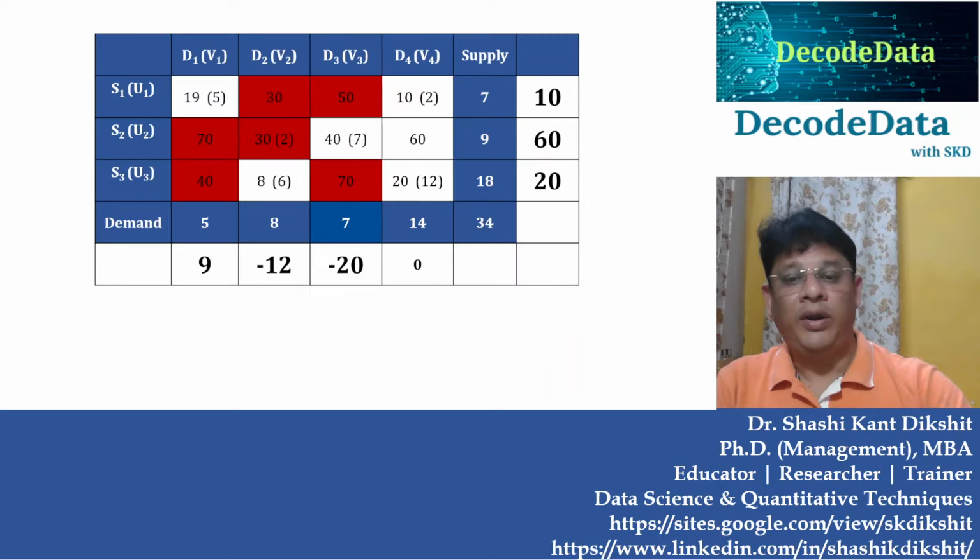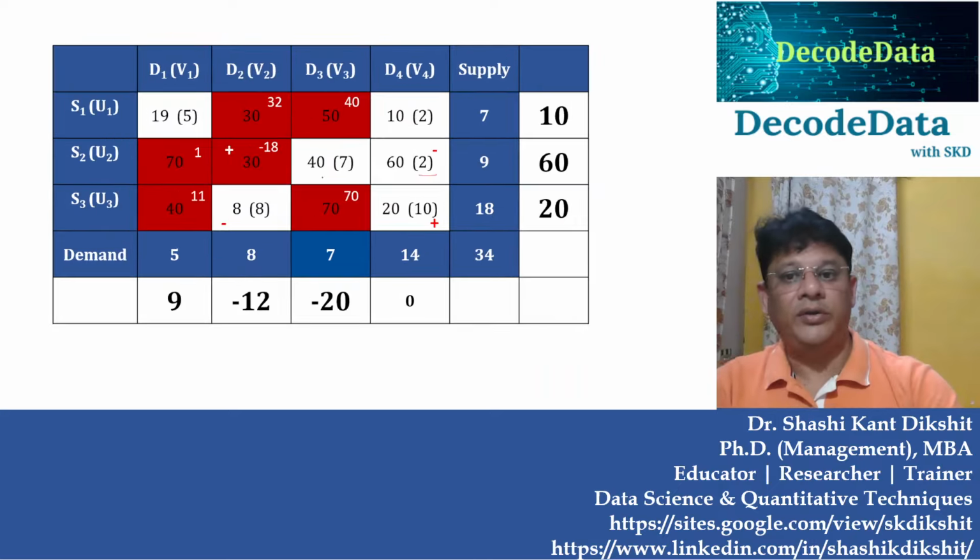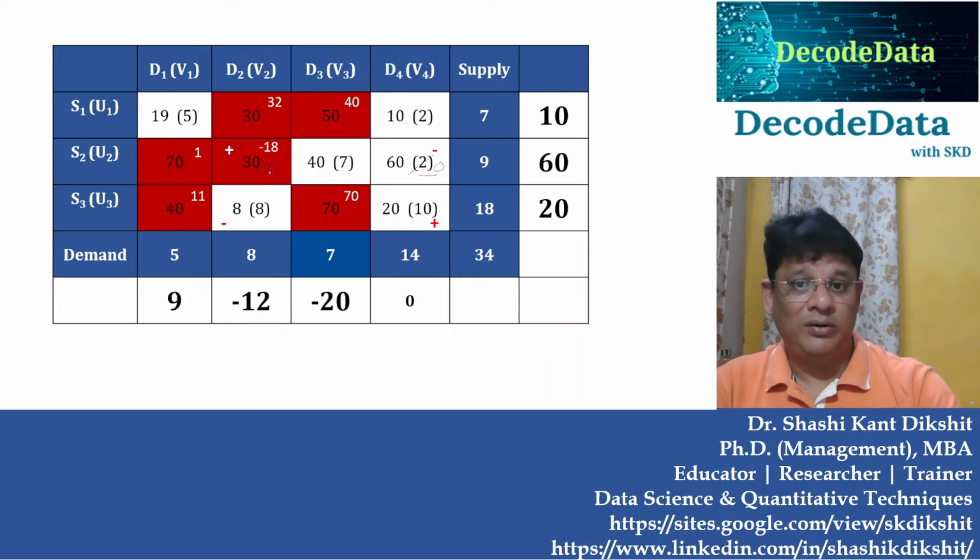Right? Fine. So now I will assign 2 here. Let me change the color so that it will be visible. So I have assigned 2 here, so this will be 0 now. Now, when we do this type of allocation, there will be some disbalance, right?